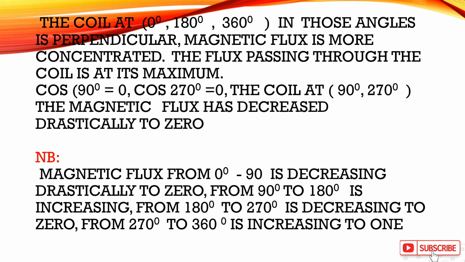Then from 90 degrees to 180 degrees it is increasing to minus 1 because it's moving downwards. Then from 180 degrees to 270 degrees it is decreasing to 0. Then from 270 degrees to 360 degrees it is increasing to 1.